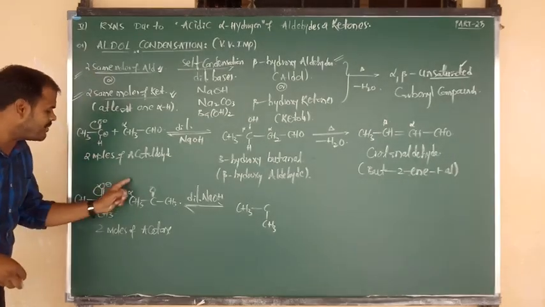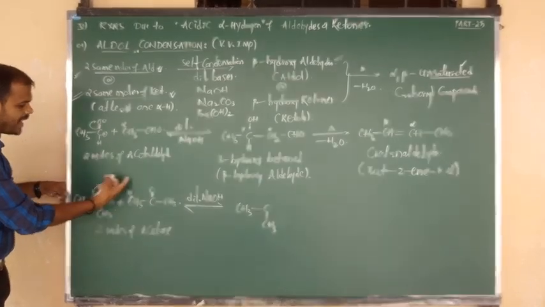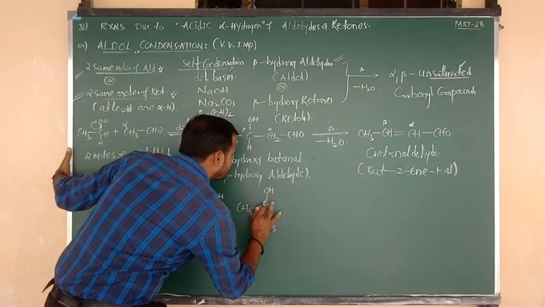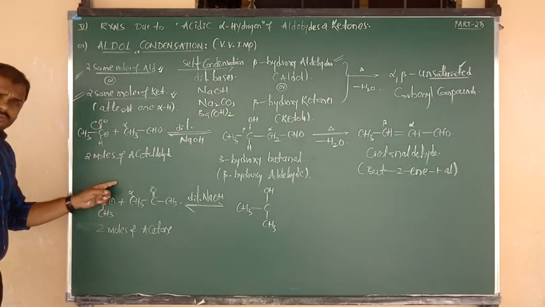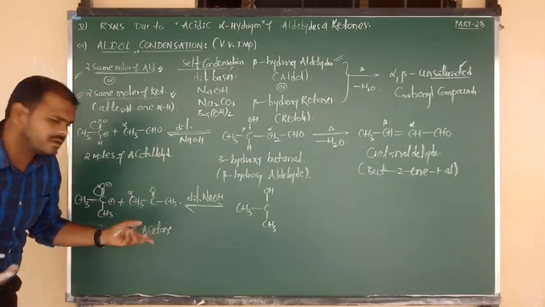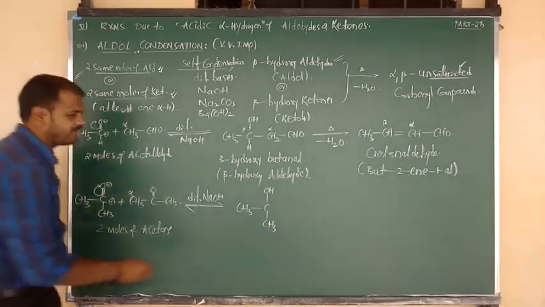That acidic proton comes from the alpha carbon. So from alpha CH3, one of the hydrogens shifts to O, meaning O becomes OH. After the loss of one acidic proton, CH3 becomes CH2 minus. So such CH2 minus attacks the central C.